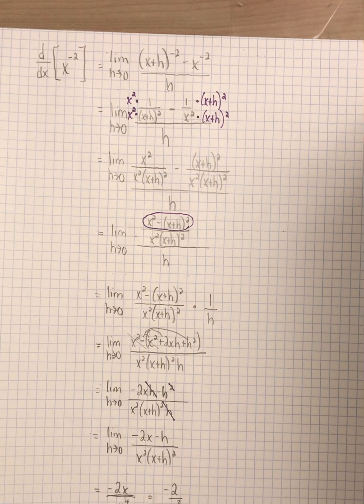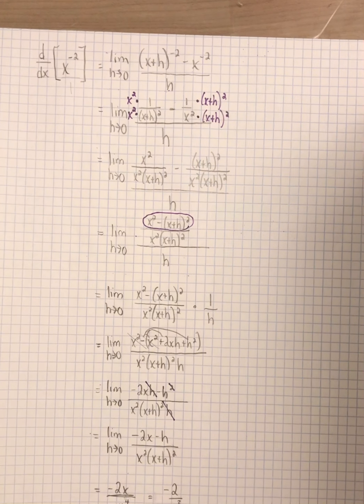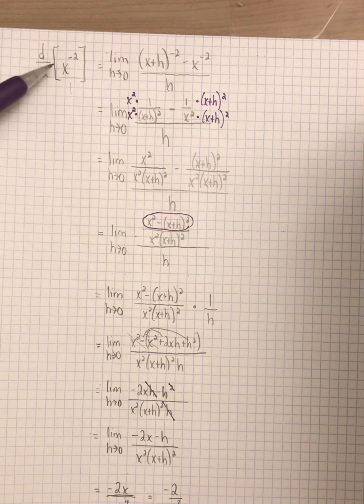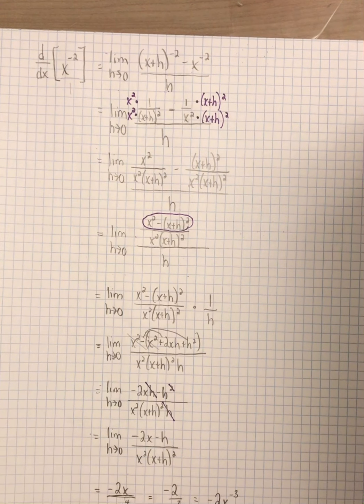Now, because the power rule required us to write it as x to a power, implication being it is in the numerator, it's better to actually write a negative exponent in the numerator than a positive exponent in the denominator as far as the power rule is concerned. So we could then rewrite this as negative 2x to the negative 3.